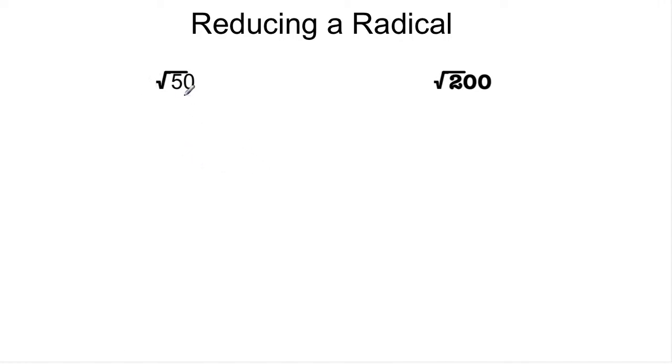So what we can do is we can look for factors that are perfect squares. So the square root of 50, well, 50 is 25 times 2. So that means that the square root of 50 is the square root of 25 times the square root of 2.